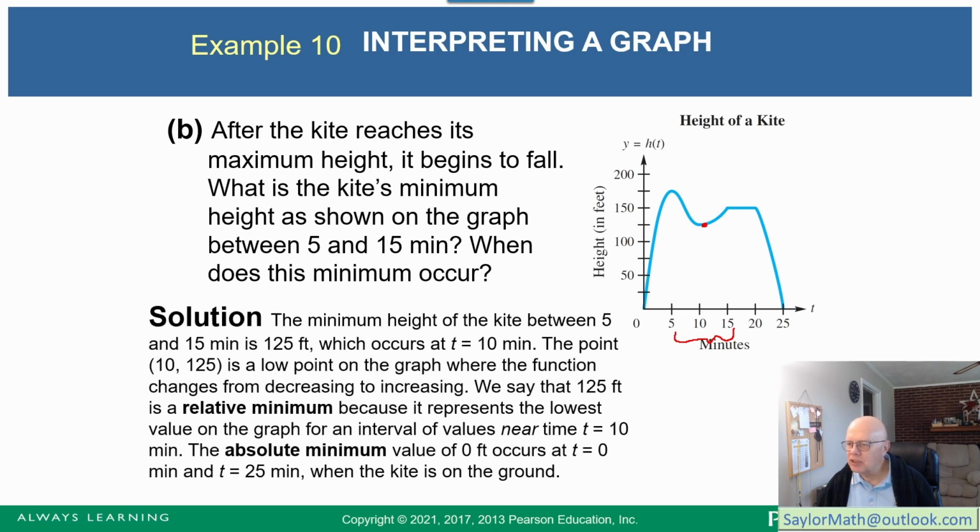So it's about 10 minutes in, and it's about 125 feet up at its minimum from 5 minutes to 15 minutes. Now there are lower parts like over here and over here, but we're only interested in 5 to 15 minutes.